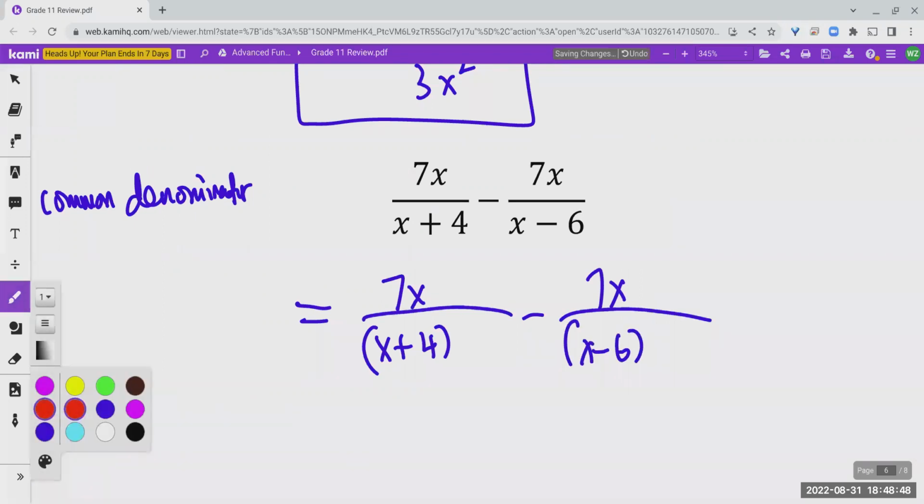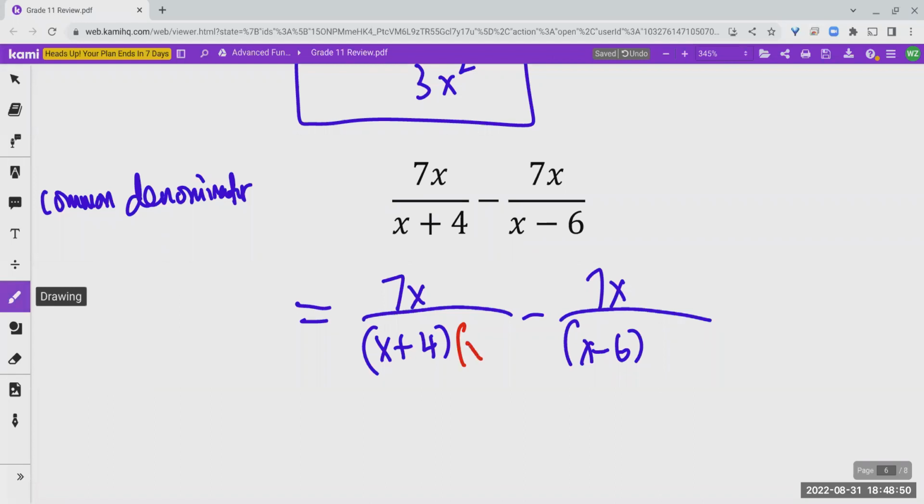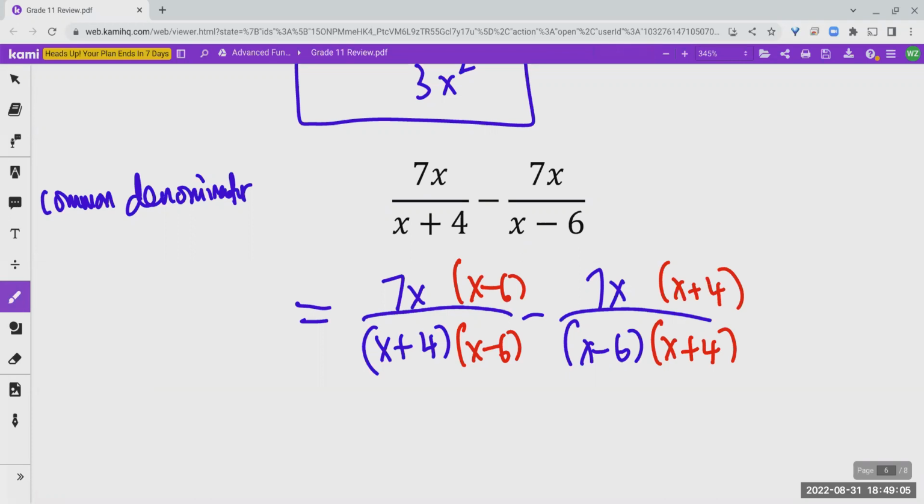Okay, so in order to get the same denominator, you just multiply by the denominator of the other fraction. Okay, x plus 4, well, I'm going to need x minus 6. And if you're x minus 6, I'm going to need x plus 4. And of course, you can't just do that. You need to do that to the numerators as well. Notice again, I didn't change the equation.